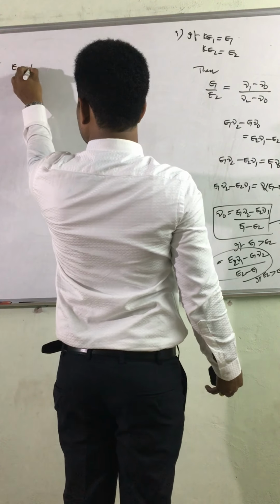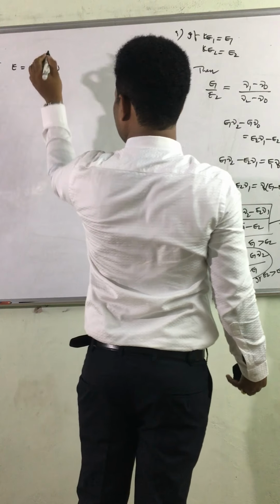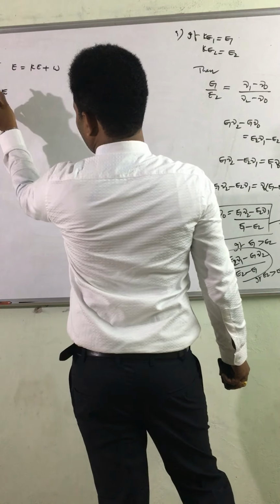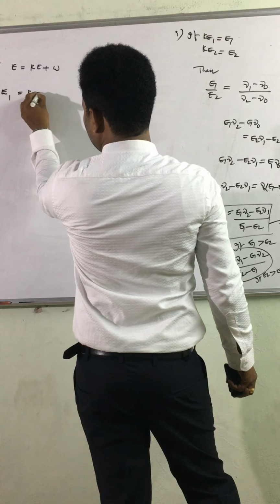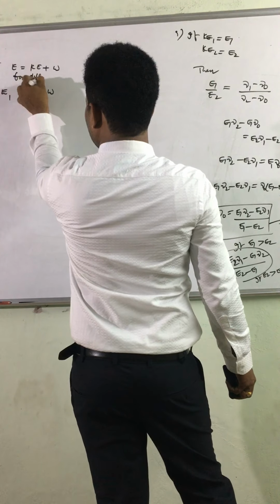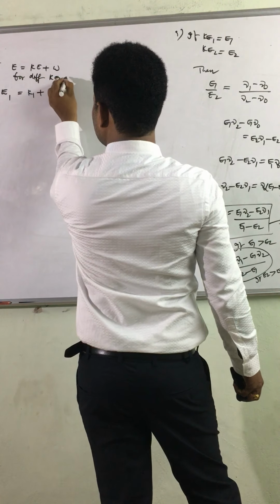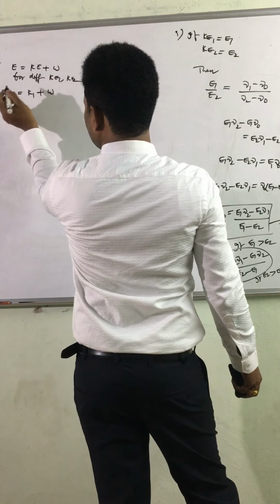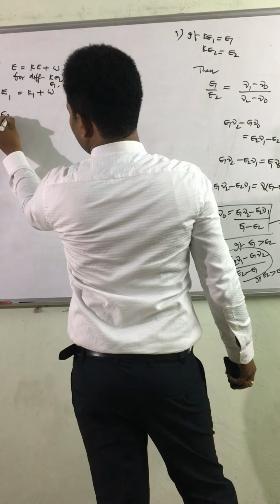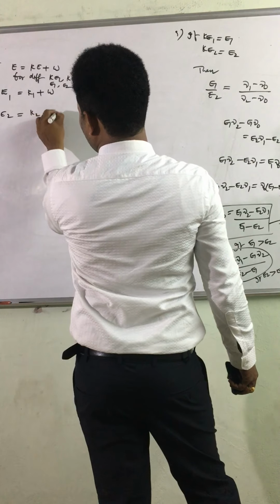If E is equal to KE plus W, then E1 is equal to K1 plus W and E2 is equal to K2 plus W, for different kinetic energies and energies of incident photons.